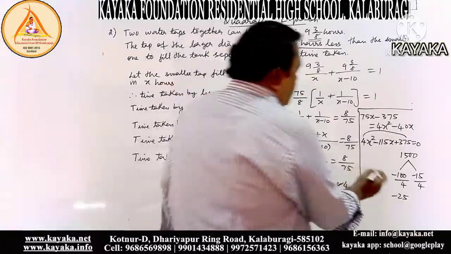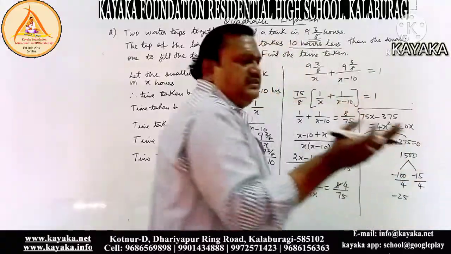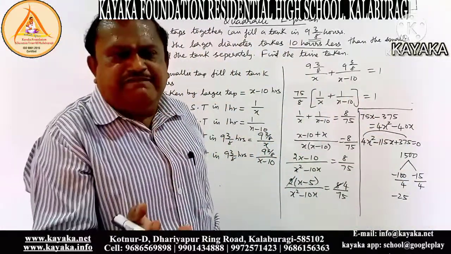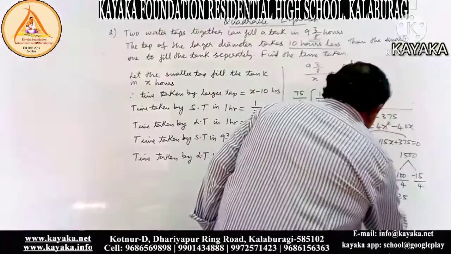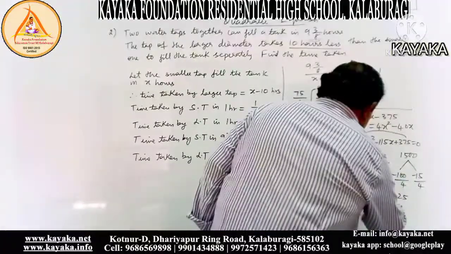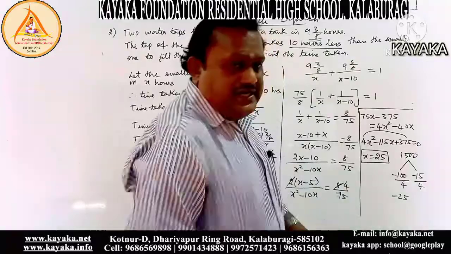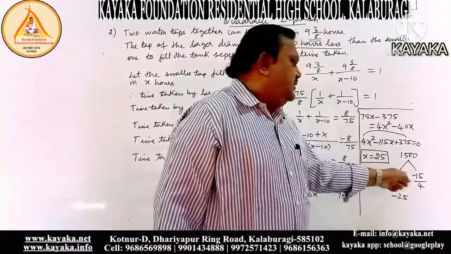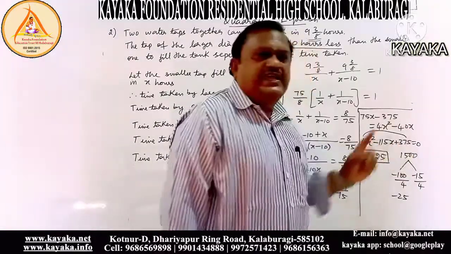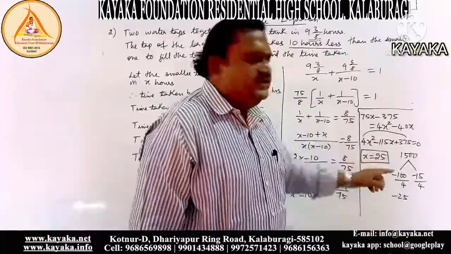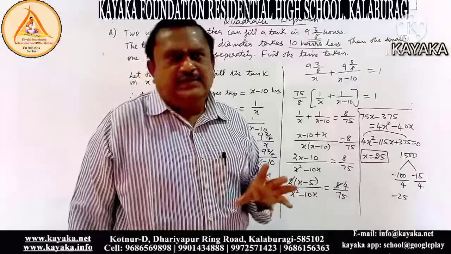Therefore, the final answer, minus 25, will become plus 25. Therefore, x is equal to 25. This is the answer. You do one thing, dear children: these two factors you can take as homework. You can substitute them in this equation and try to get this answer, x equal to 25.